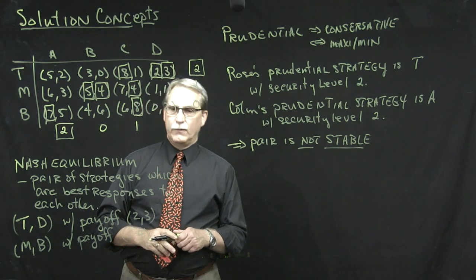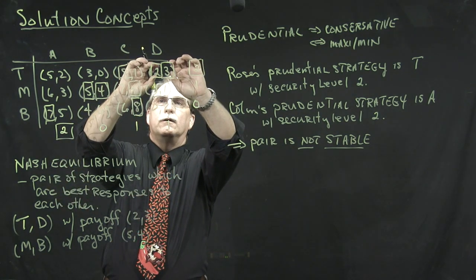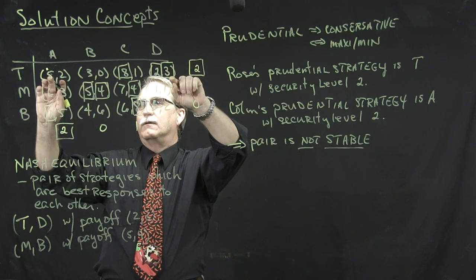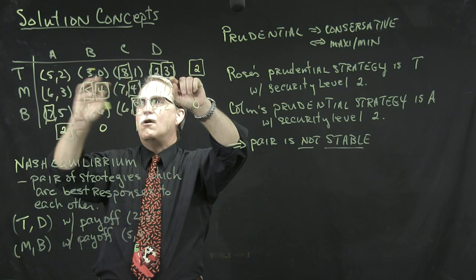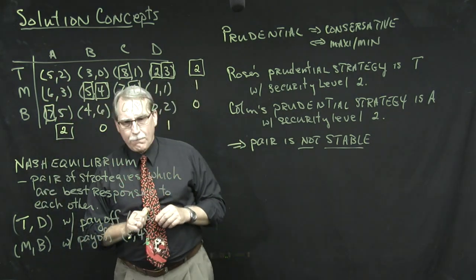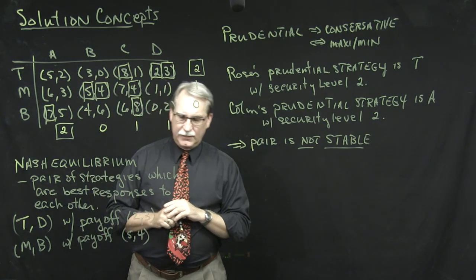Now I reiterate, if we are at this Nash equilibrium right here, Colin says, I'm getting 3, can I do something different and get a bigger payoff? And the answer is no. That's the best he can do given what Rose is doing. This is stable. These are stable.